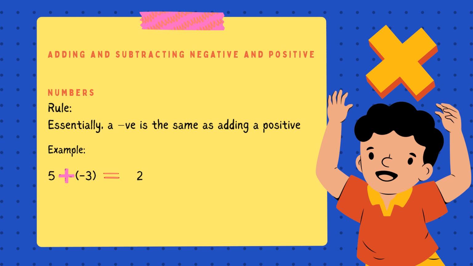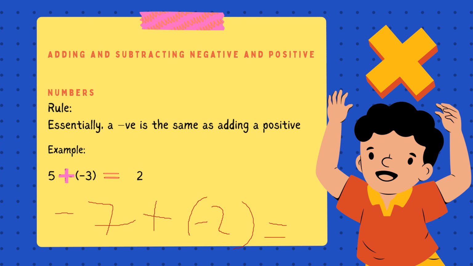Let's do negative 7 plus negative 2. With this, you have a negative 7 and you have a negative 2, right?